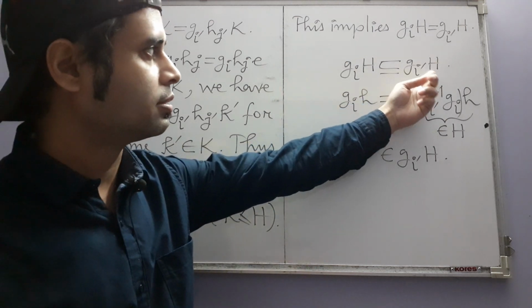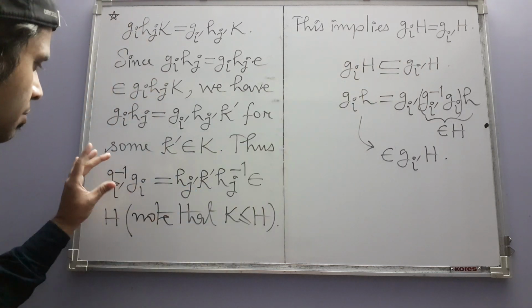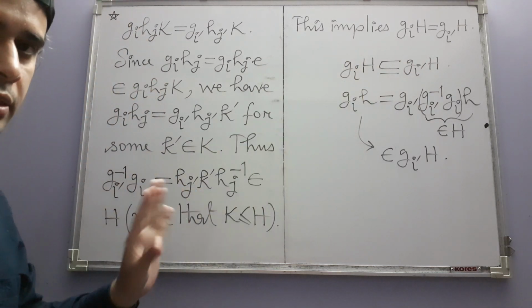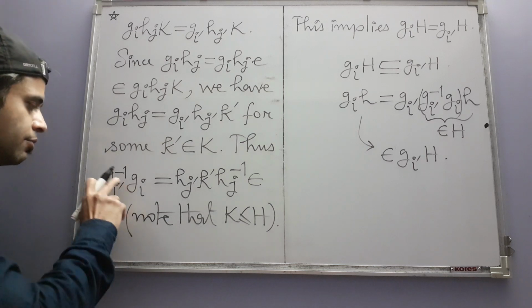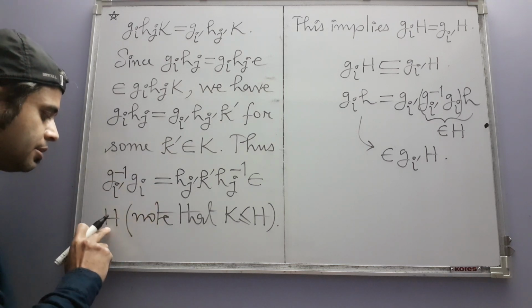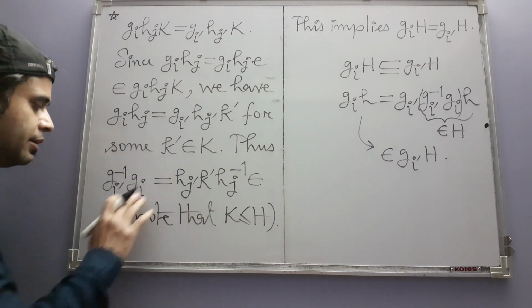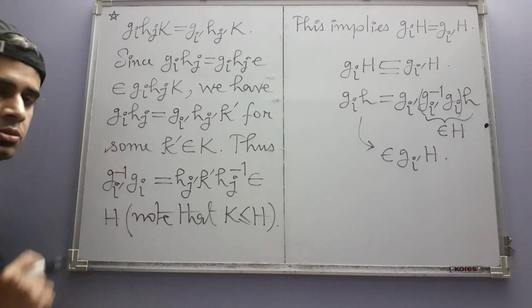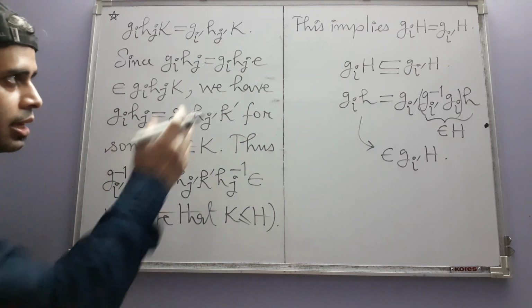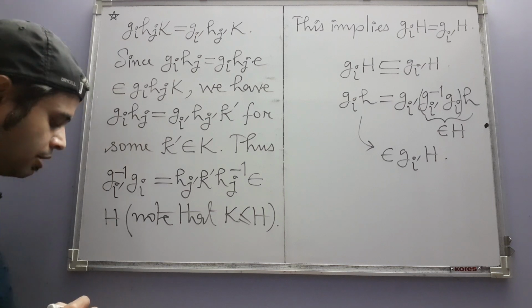Similarly, you can prove that this is also a subset of this by using this in a slightly different way. Instead of using that this element is in H, you may need the fact that its inverse also belongs to H. So that is why those two things are equal.